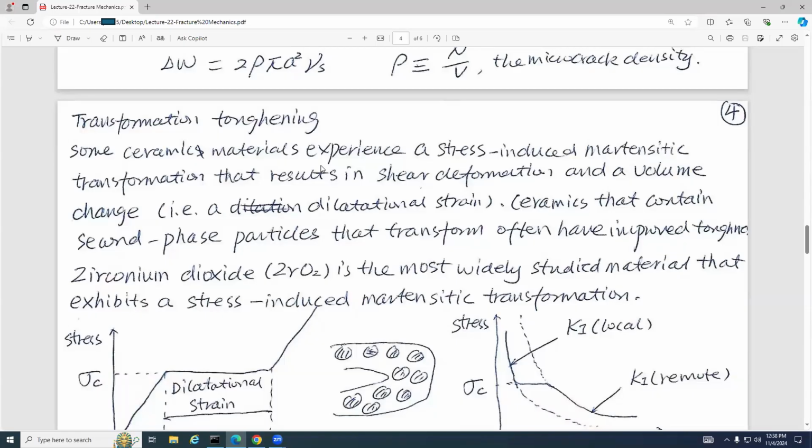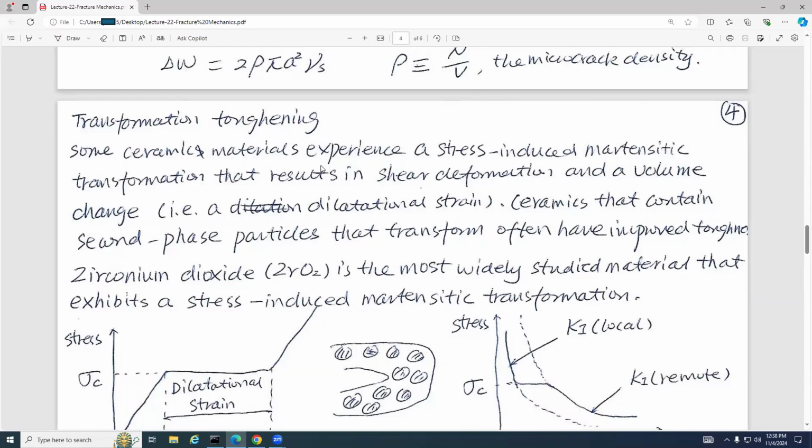That results in shear deformation and a volume change, because martensite has a different density from its parent microstructure. As a result, when we have this martensitic transformation, the volume changes.